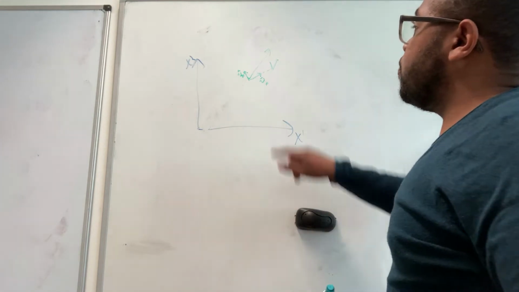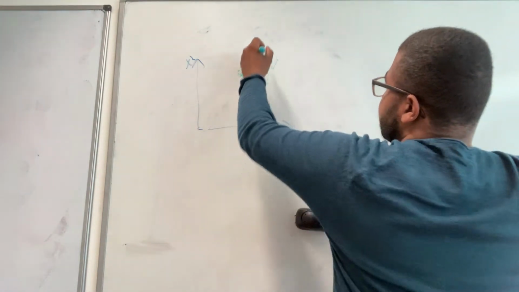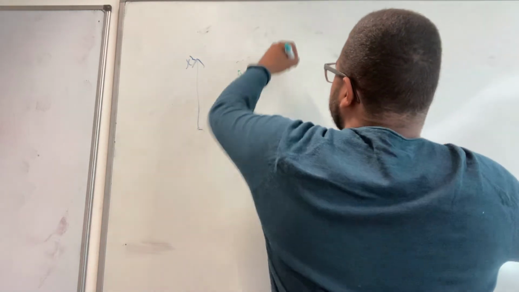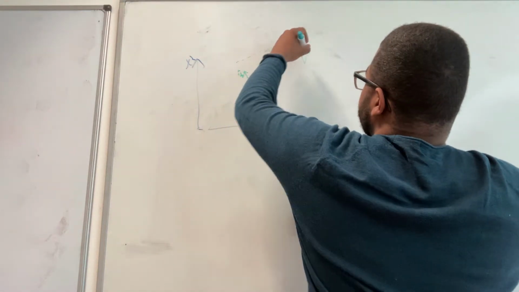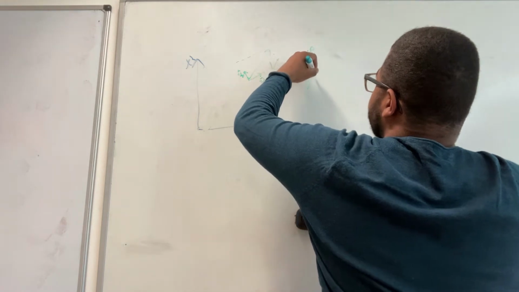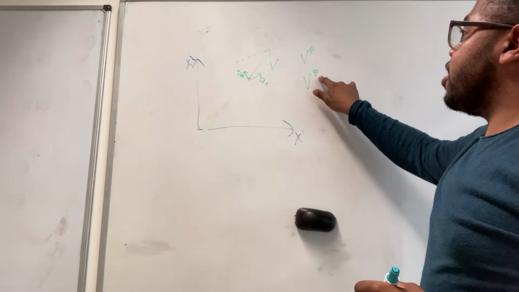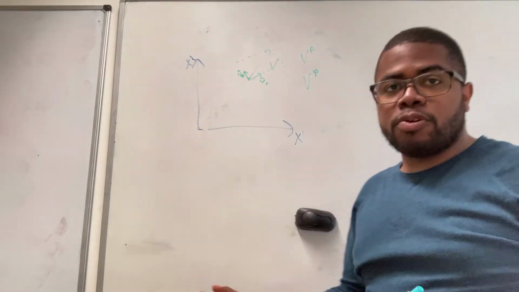And basically the components of this vector v right here, if I were to project a line right here and right here, I would have a component of the vector v of v rho and v phi, basically. So the upper index right here indicates which term you're working with.